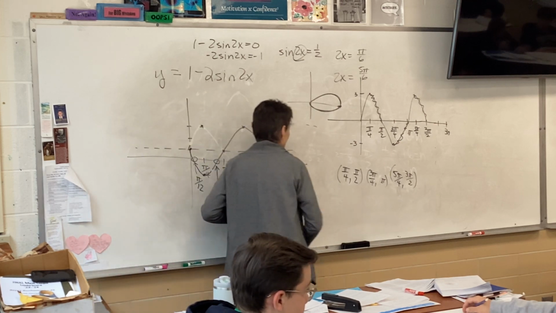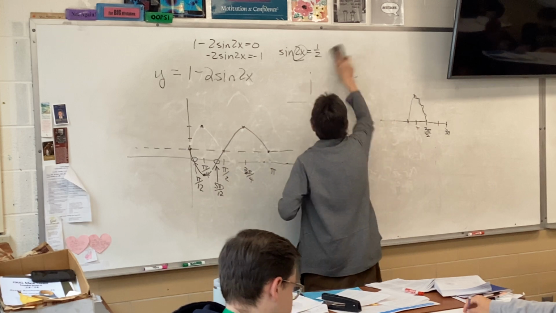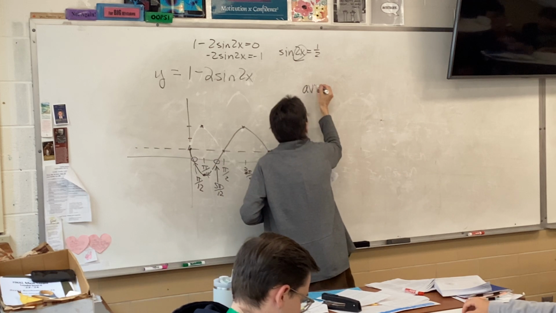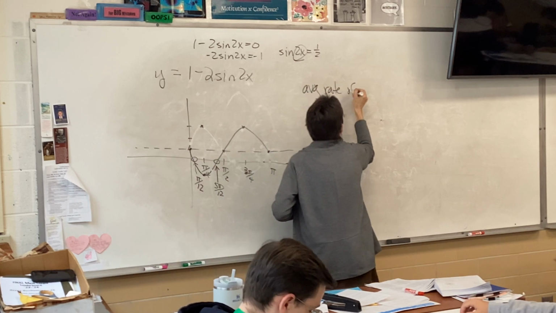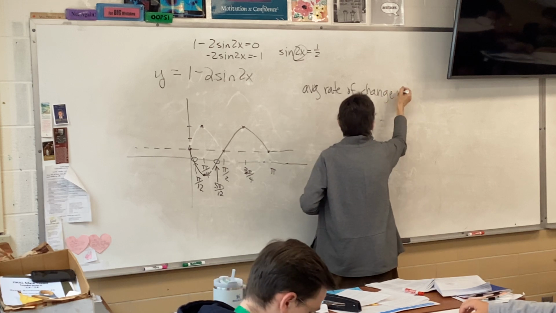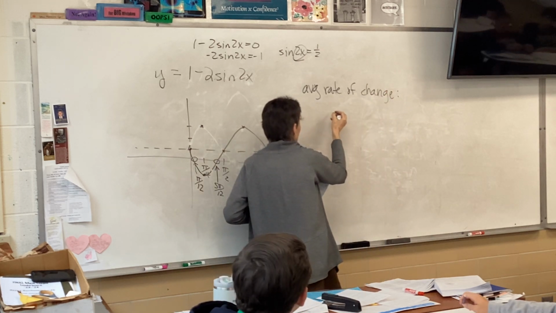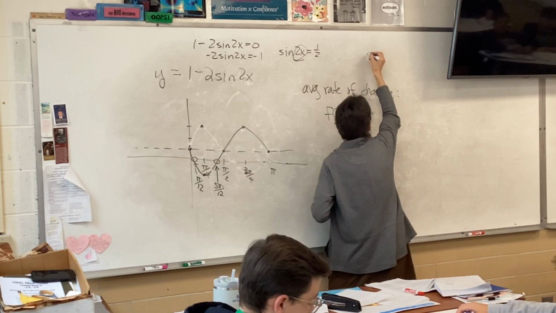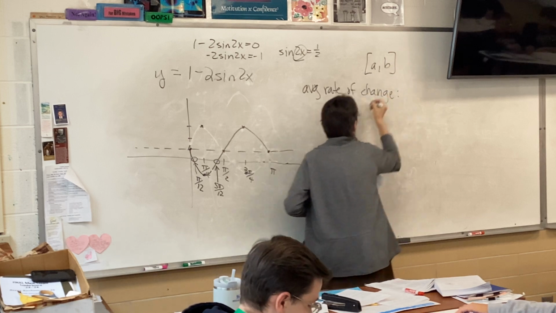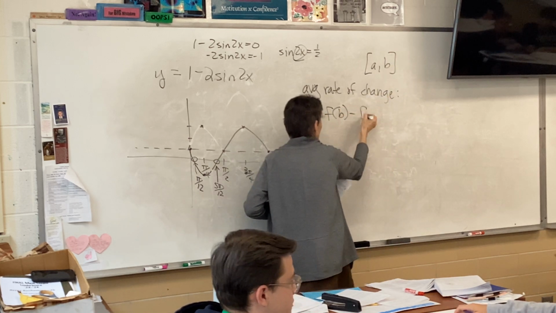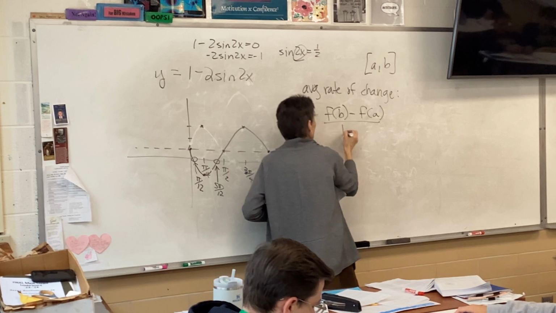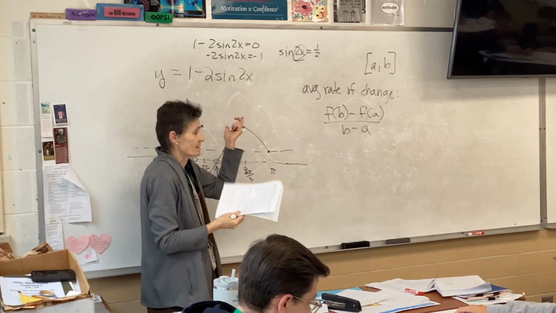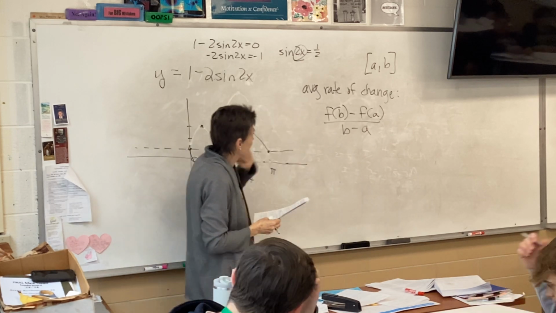Now, average rate of change. Who remembers how we find an average rate of change? In function notation, and we need to get used to using function notation, if the interval is the interval from A to B, it will be f of B minus f of A over B minus A. So that is slope, y minus y over x minus x, but you need to get in the habit of writing it this way.